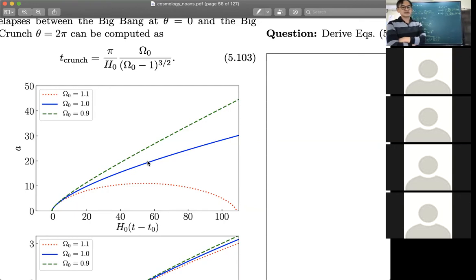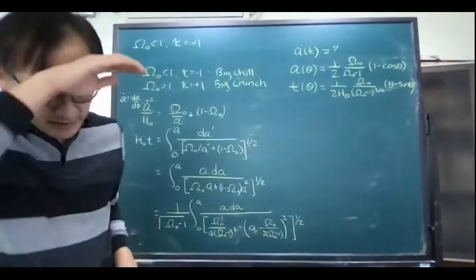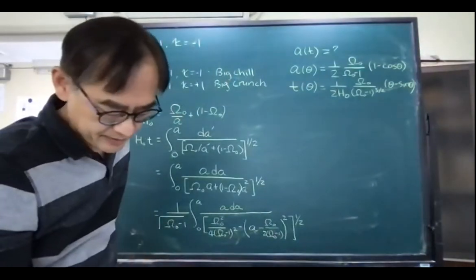And as we also discussed, when omega 0 is less than 1, that means the universe expands forever, and that's this green dashed line. All right, so that's what it is.